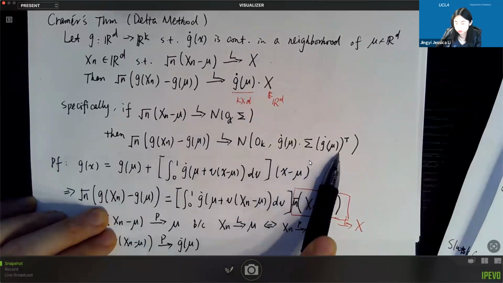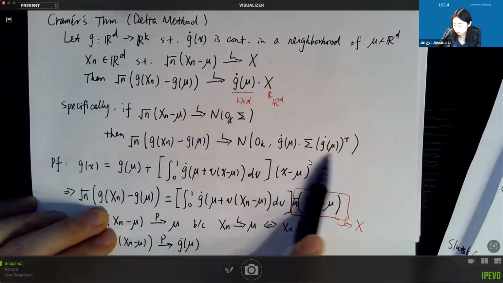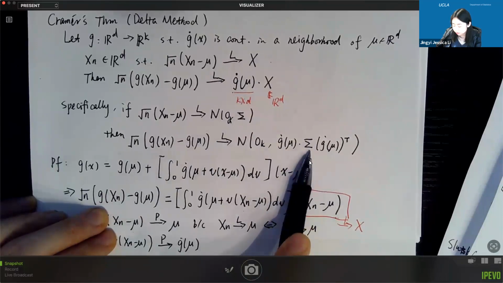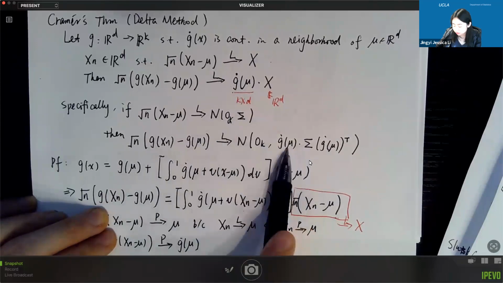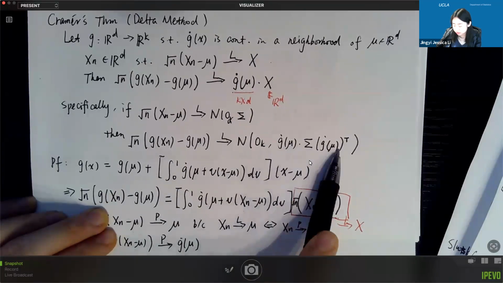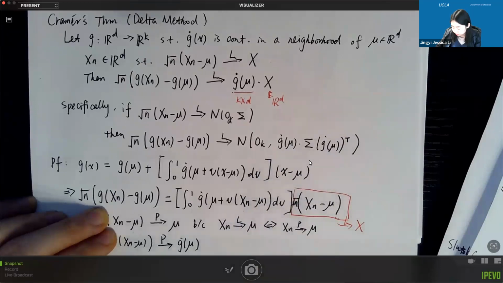So you still have a normal, but you just need to modify the covariance matrix by multiplying the derivative evaluated at mu twice. In matrix form, it's a left and right multiplication. That's it. However, we notice that in some cases, we may have an issue.